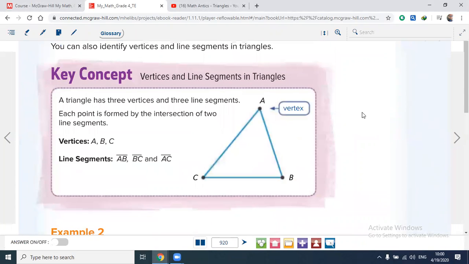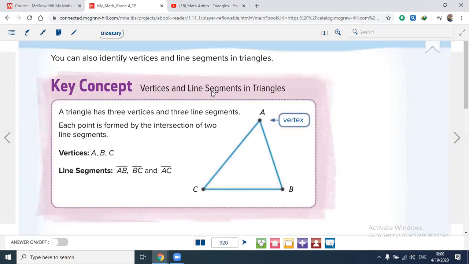Here, vertices and line segments in triangles. The vertices means the angles. As you see, angle A is called vertex A, angle B is called vertex B, angle C is called vertex C. So the vertices means the angles of the triangle.